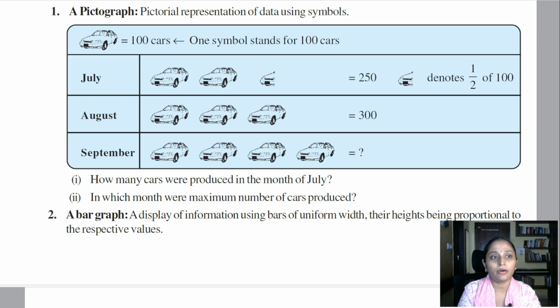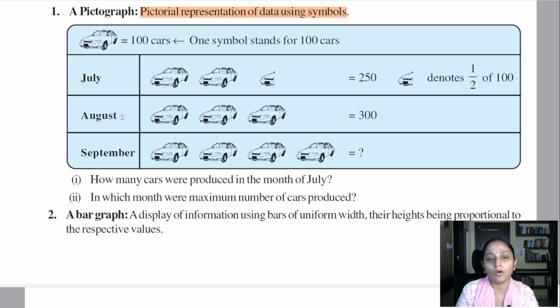Here we will be using symbols in order to represent the given data. Okay. Now here, one car symbol is equivalent to 100 cars. Okay. So in the month of July, you have 100 plus 100, 200 plus half a car, which denotes 50. So you have 250 cars, right?